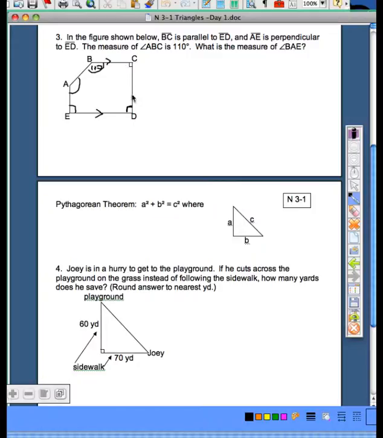Parallel lines cut by a transversal, those are same side interior angles, and same side interior angles are supplementary, so that means if this is 90, this is 90. There's a couple ways you could do that. The inside angles of a pentagon, the sum of the angles of a five-sided figure, is 540.